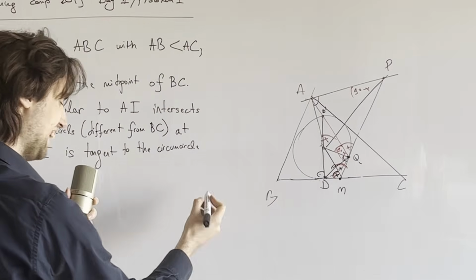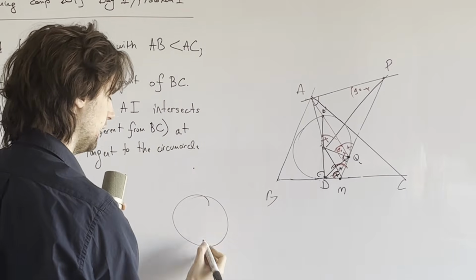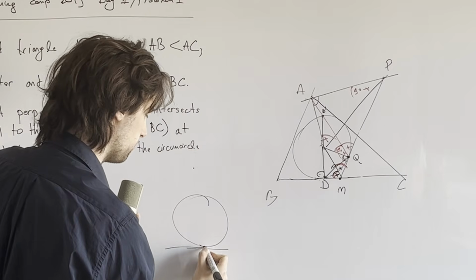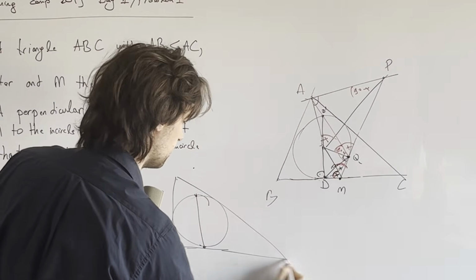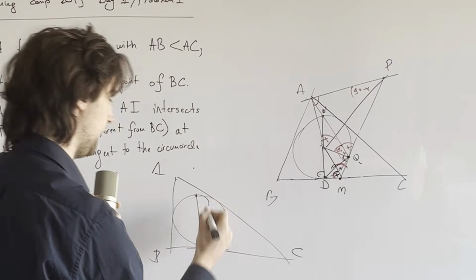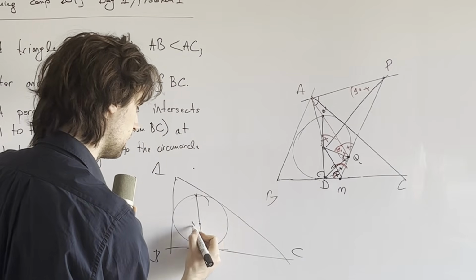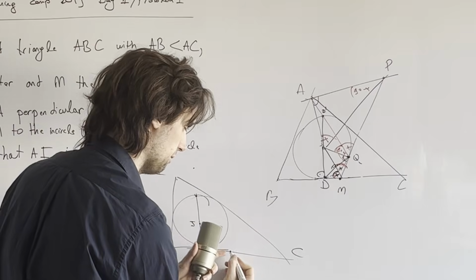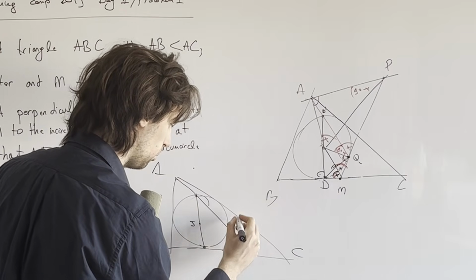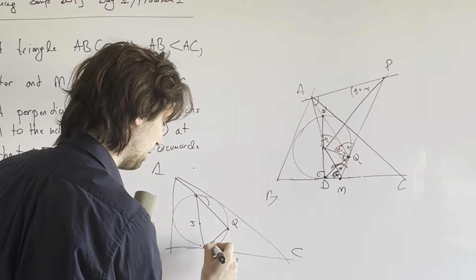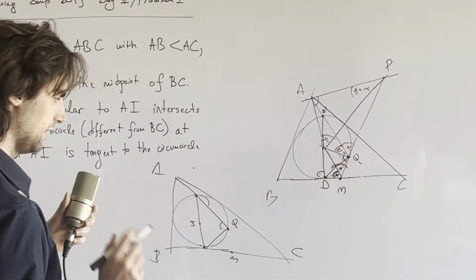So in essence, what I would be having is an incircle, this point D. Here I'd have A, I have C, I have B, I have I, and I have M. But this would be the point Q. And I would have this angle over here is 90.